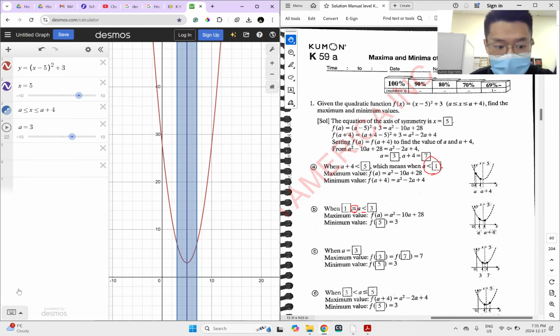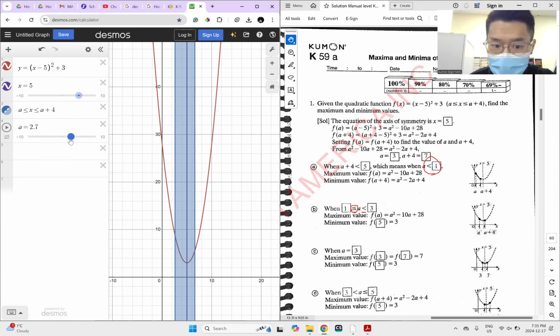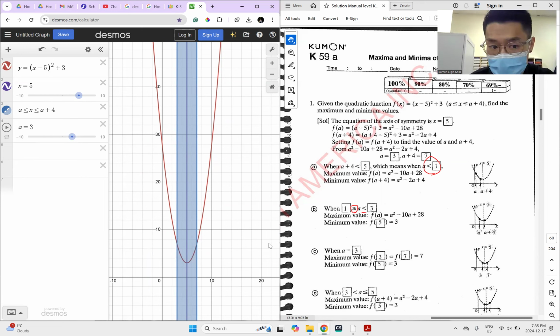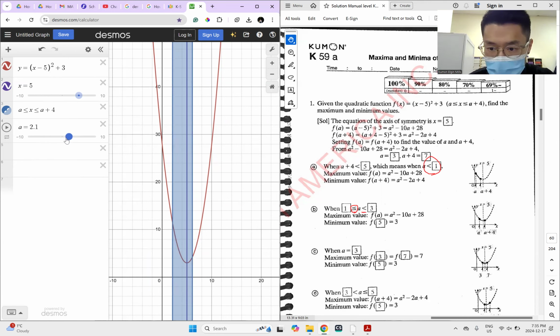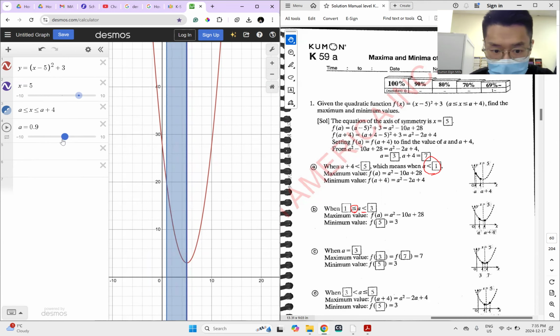So that's why in this scenario you cannot let a equal 3, because we have already evaluated a equal to 3, where the two maximum points will be indifferent, right? So my evaluation in this stage starts when a is equal to 1, which means that the right side extreme of the domain, a plus 4, is equal to or on the axis of symmetry.